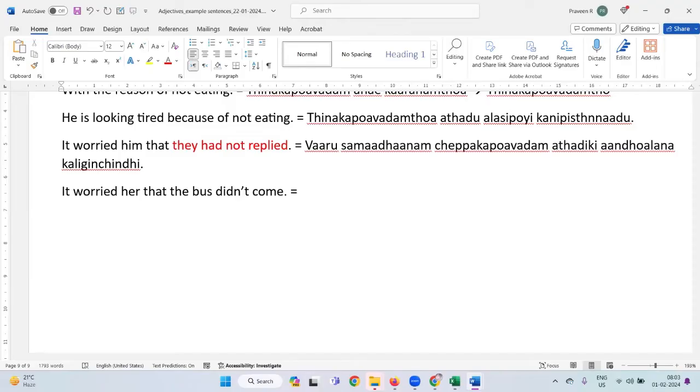So now I will give you the individual phrase meanings or some vocabulary, and you try to make the sentence. It worried her. ఆమెకు అది ఆందోళన కలిగించింది. So adi will be replaced with the reason.